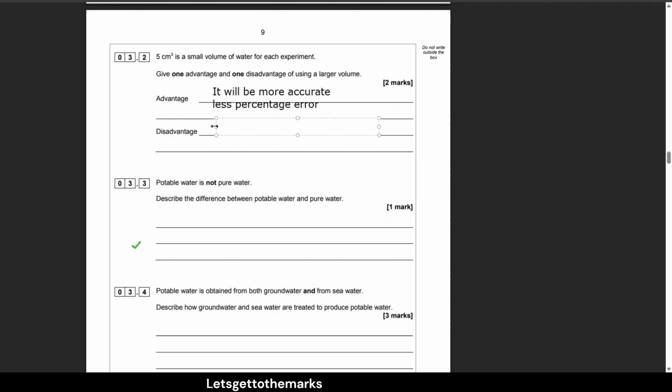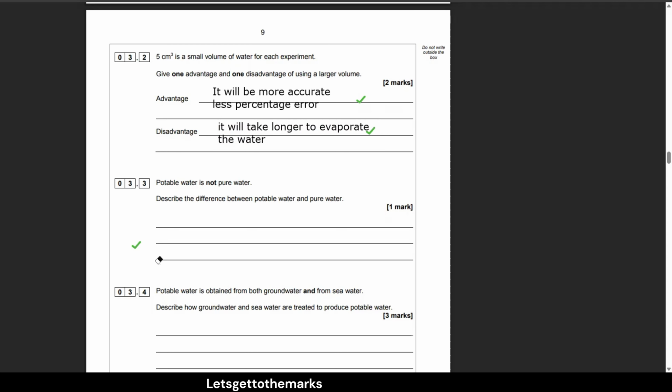But let's say you've still got the same scale, so it always makes a mistake of 0.01. But if you're now using more water, so there's going to be 20 grams of salt, your percentage error is now 0.01 divided by 20 times 100, and it's a lot smaller. So you're going to have a smaller percentage error. It's going to be more accurate to use larger volumes. Now, the disadvantage is it will take longer to evaporate the water. So the experiment is going to take a lot longer.